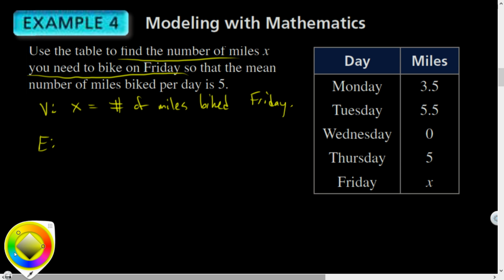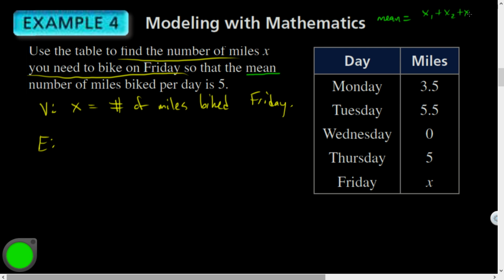Now, the equation, this one's sneaky, said mean. It's a type of average. I don't know if you guys remember how to find the mean. The mean is equal to, you add up a list of things, x1 plus x2 plus x3 plus ... plus xn.